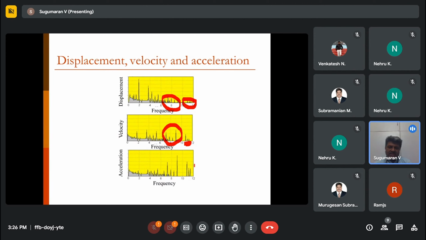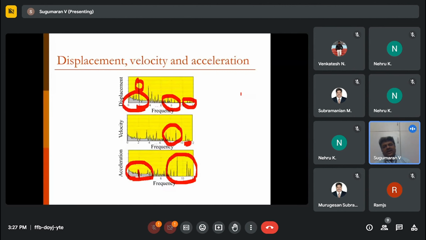Whereas you look at this, what is so small, not at all visible, is very amplified, a big amplification. Whereas here there is no big change. It looks very similar to here. In fact, this peak has become a small peak here.